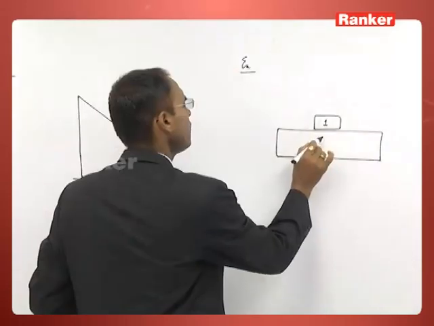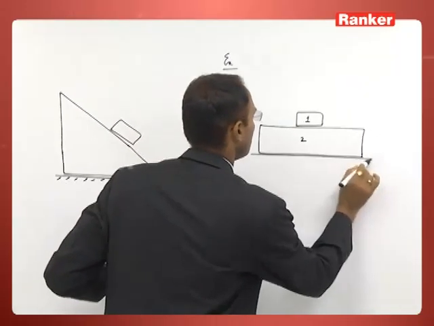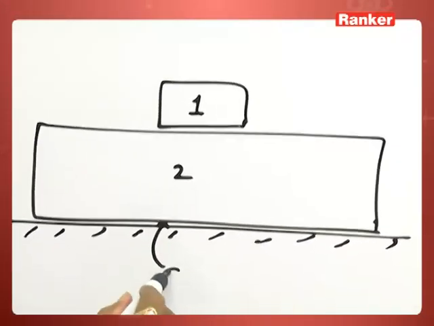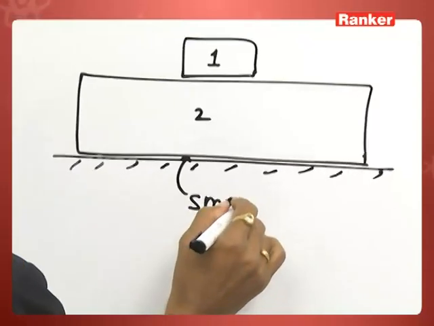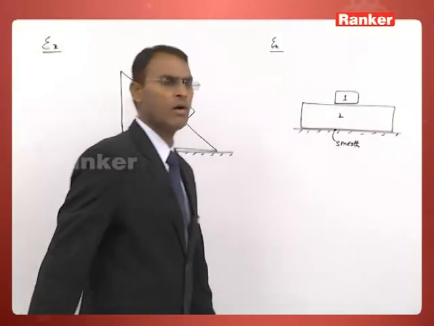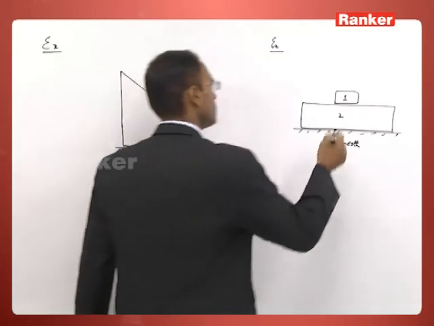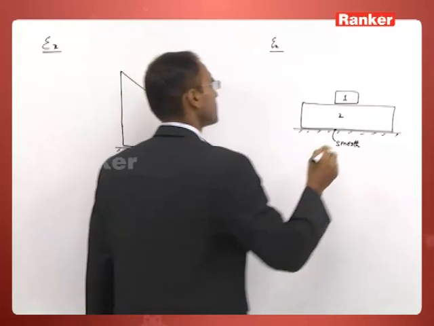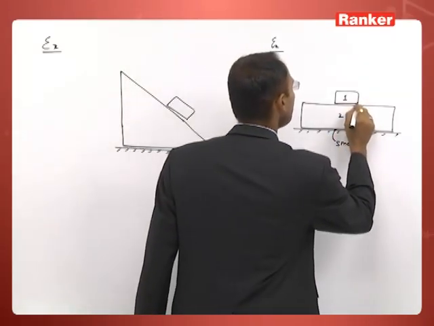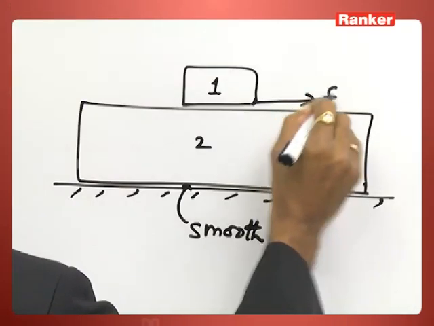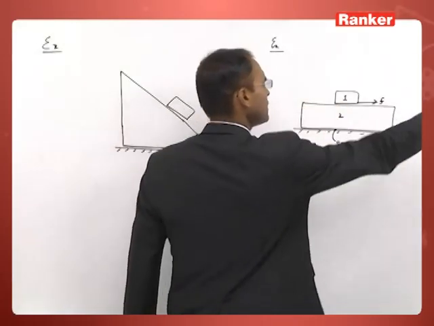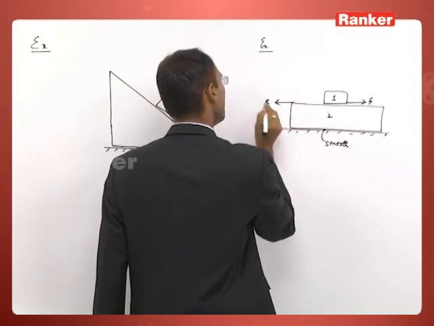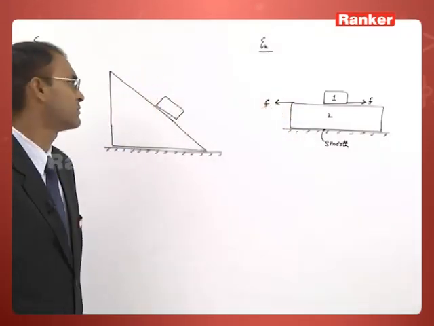Here block 1 and block 2. Block 2 is placed on a smooth horizontal floor. Between block 1 and 2, friction is present, such that friction acts on block 1 in the forward direction, in the positive x direction, and friction acts on block 2 in the negative x direction.